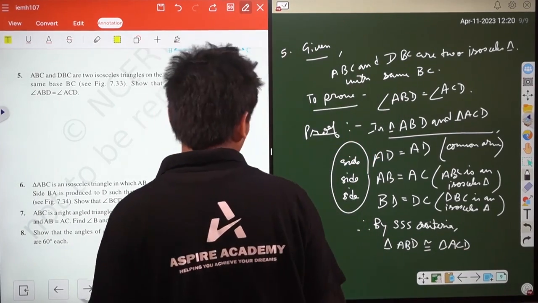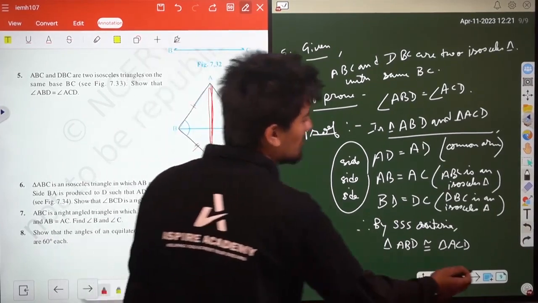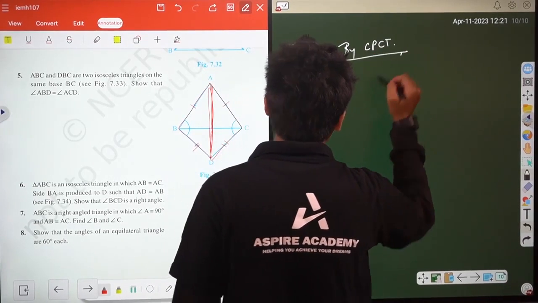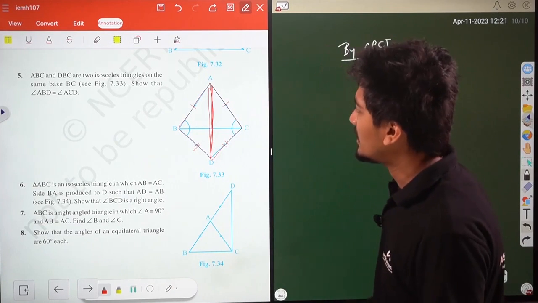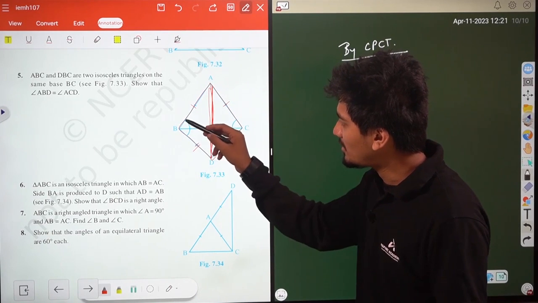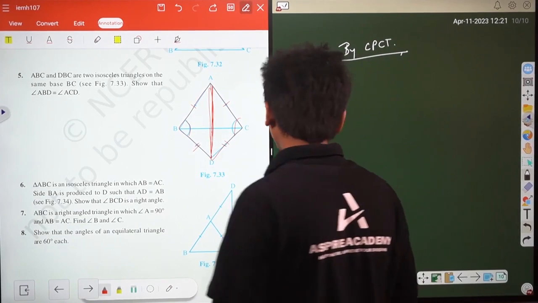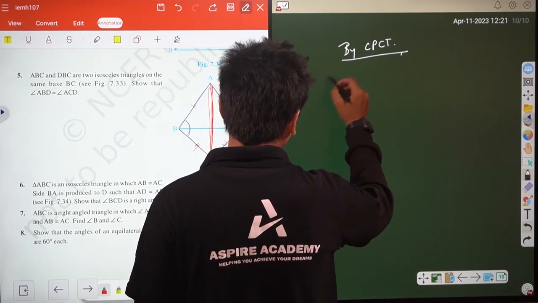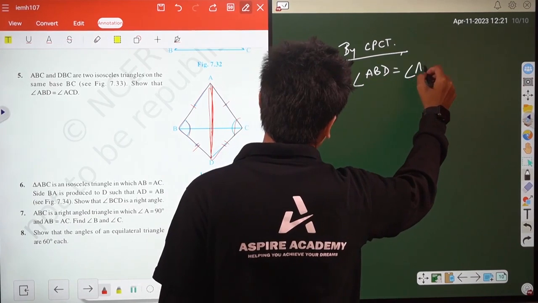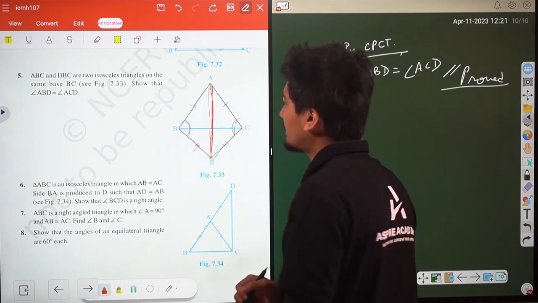Now, since these two triangles are congruent, by CPCT, corresponding parts of congruent triangles, we can say that angle ABD is equal to angle ACD. That means the corresponding angles are also equal. So by CPCT, angle ABD is equal to angle ACD. Hence, this is the required proof.